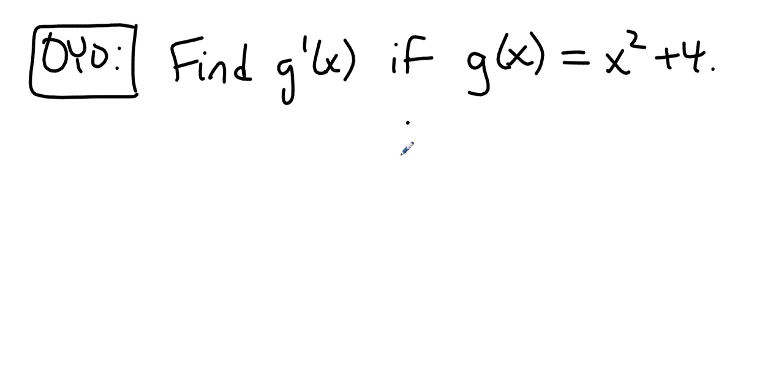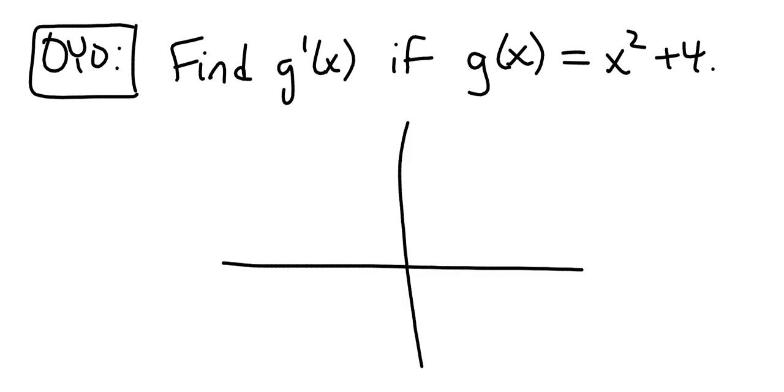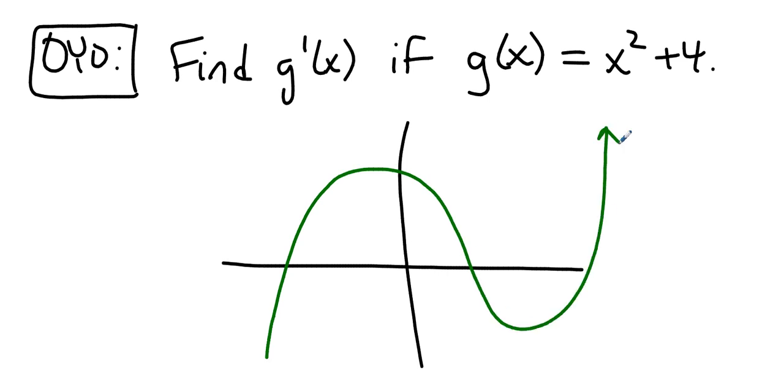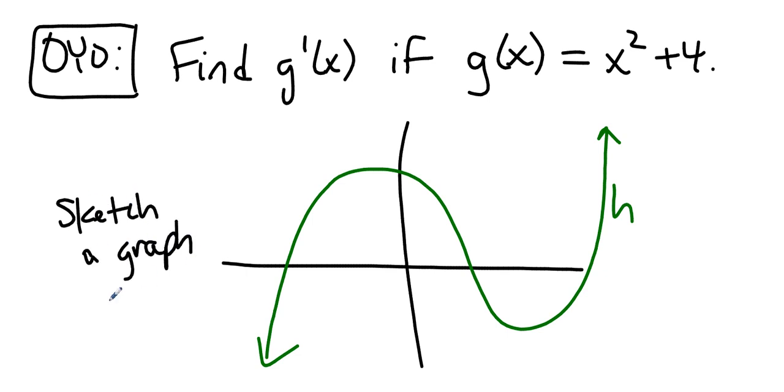You should also, if this is some function h, be able to sketch a graph of h prime, using the fact that when this function is increasing, its derivative should be positive, and when our function is decreasing, the derivative should be negative.